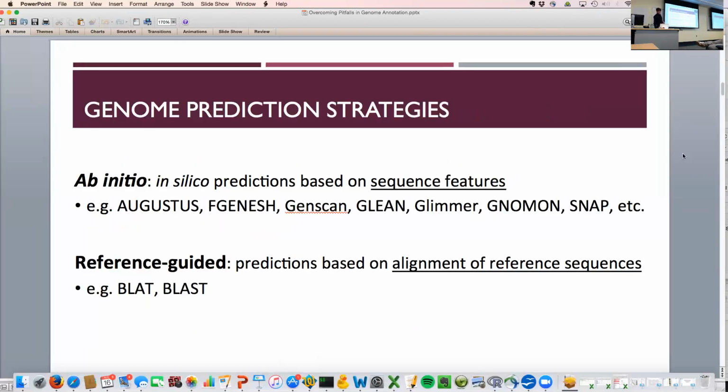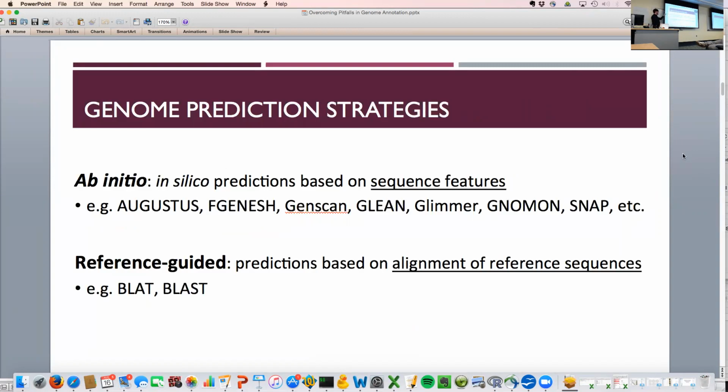In terms of gene prediction, there are two general and sometimes overlapping methods that are used. Before we get to annotation, this is just figuring out where in the genome there might be a gene.